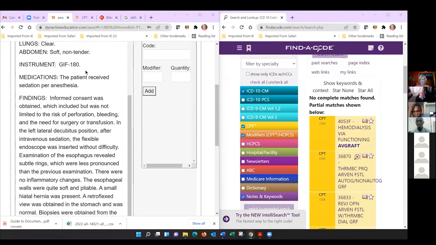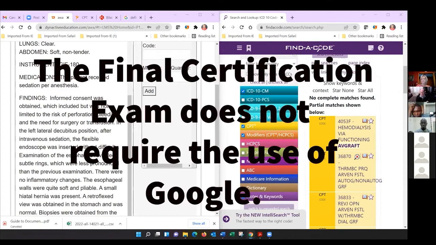The scenarios that you code on the final exam have been very thoroughly vetted. There's no ambiguity. You can answer all of the testing questions with what you're provided access to, which is your Find a Code and the LMS where the content is.